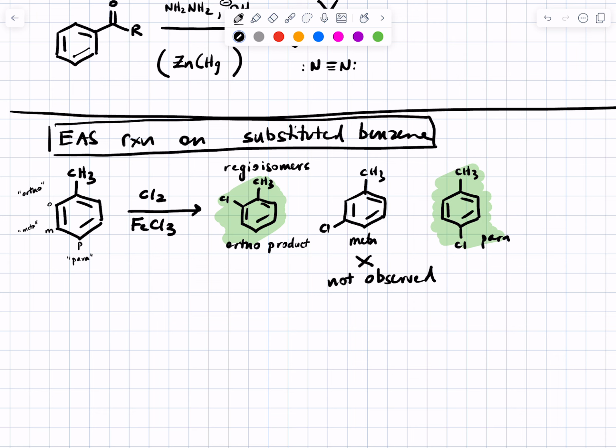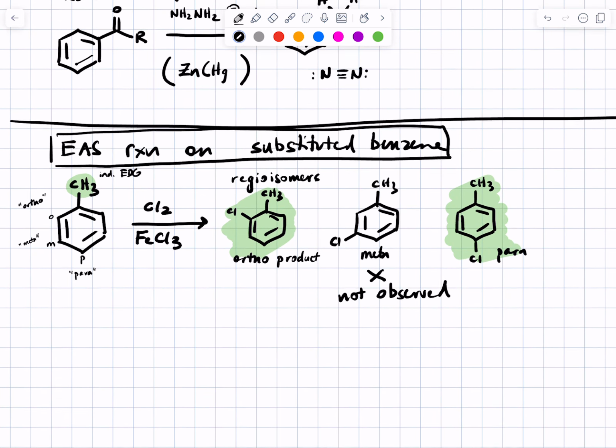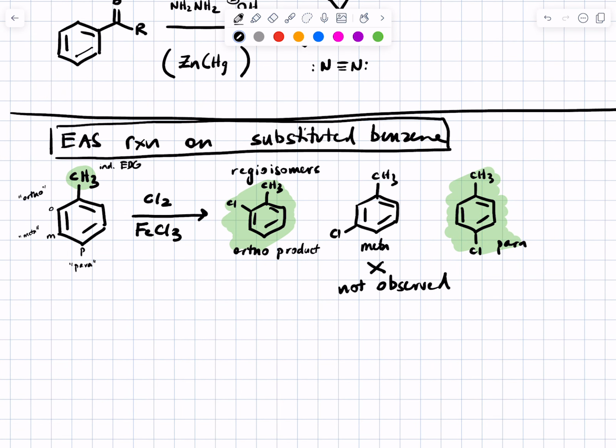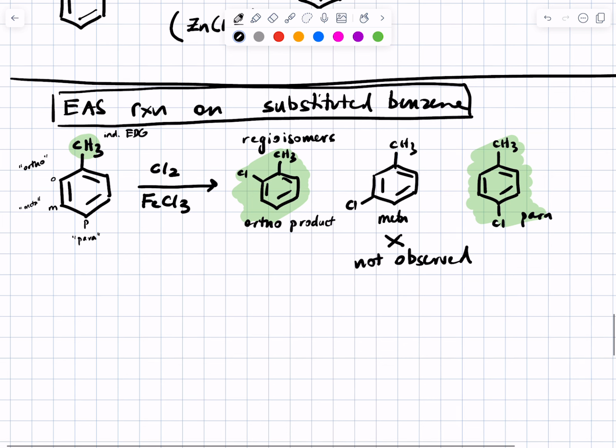There's a connection between the identity of the group on the benzene ring, this inductive electron donating group, and the regioisomers that we observe. In fact, we call inductive electron donating groups ortho-para directors.